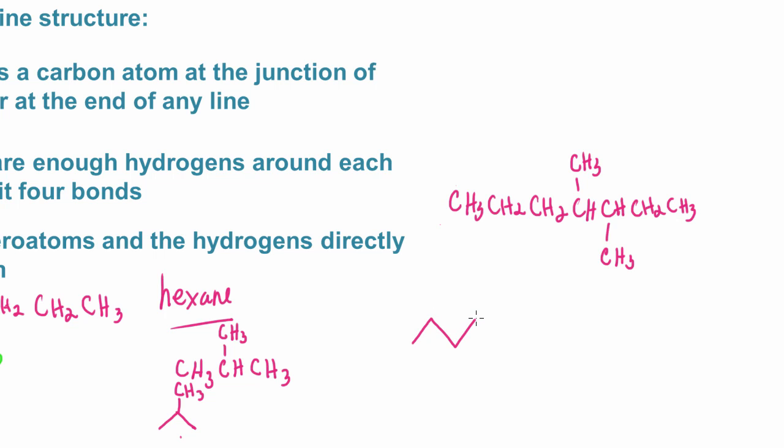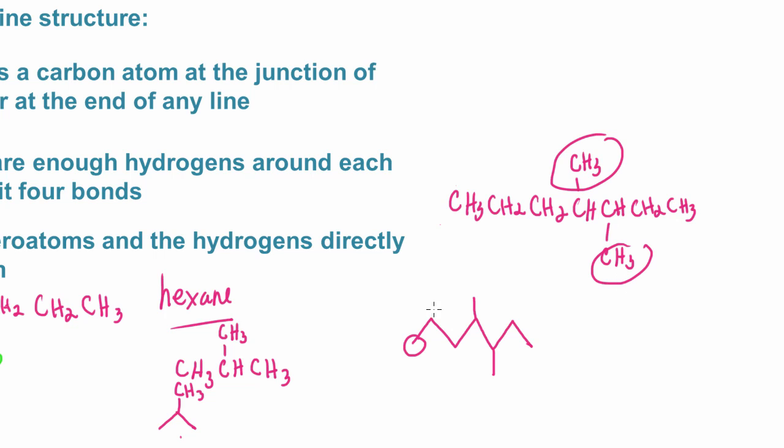And then on this one here, I have a CH3 group. And then on this one, I also have a CH3 group. So these two lines here correspond to these two CH3 groups.